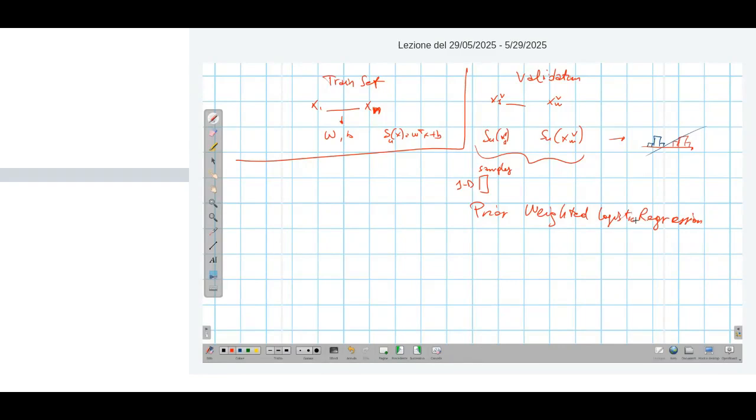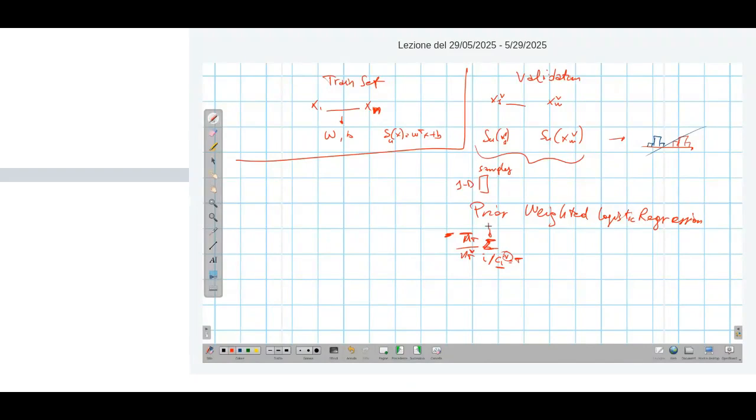Prior weighted logistic regression means what? A model whose objective function is pi t, our target prior, divided by the number of true samples. This is N_T^v because it's the validation set. Sum over what? The samples such that the class of the i-th sample of the validation set is true.